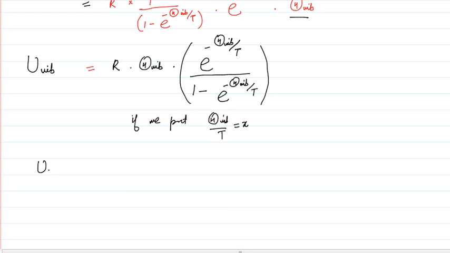We can write the vibrational internal energy basically equal to R, so in place of theta vibration we will write here theta vibration will be then equal to x into T. Okay, so we will introduce here the value in place of theta vibration as xT, and it is exponential, and we have put this value theta vibration upon T equal to x, so we will write it minus x and upon 1 minus e raised power minus x.